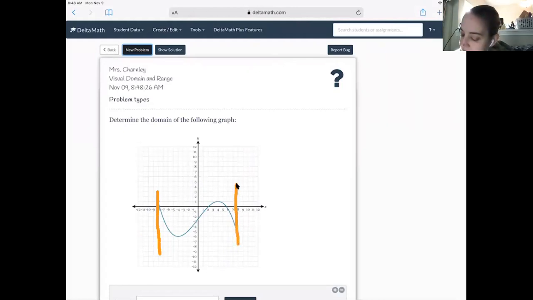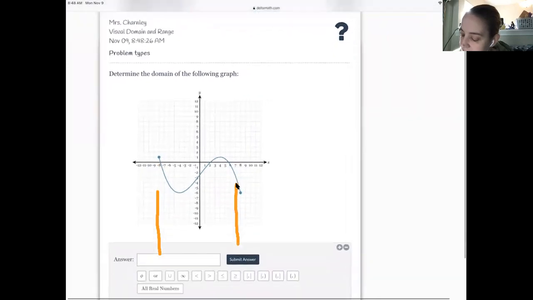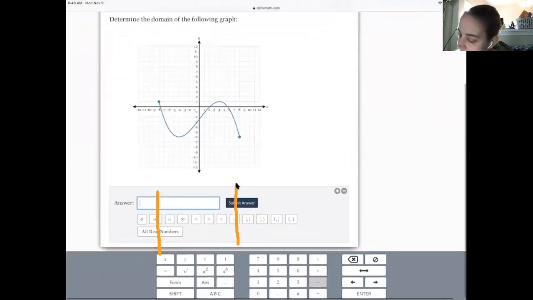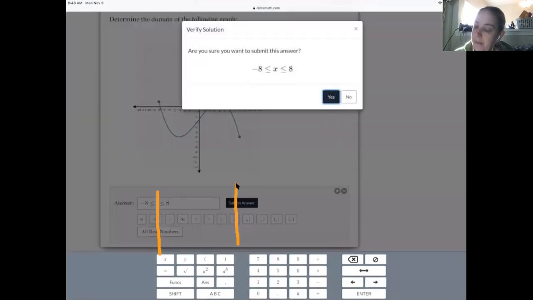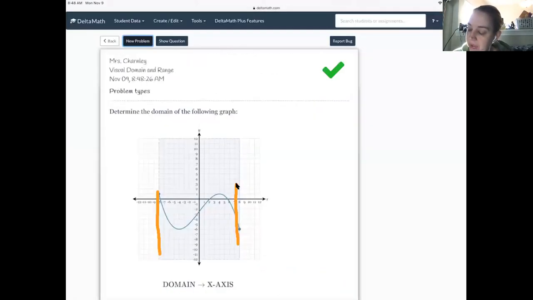So on this one, I'm going to say -8 is less than or equal to x. When I talk about domain, it's x, which is less than or equal to 8. And submit my answer. Good. Okay. So that's what they look like.